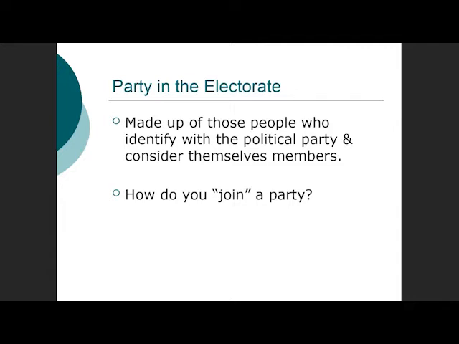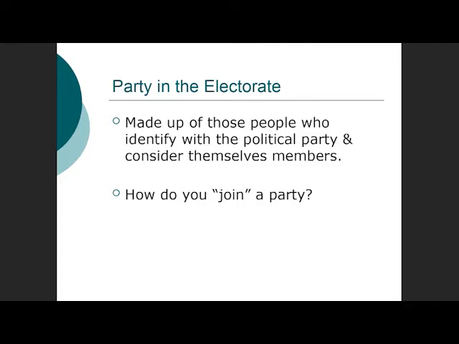So in Texas, all it takes to become a member of the Republican Party or a member of the Democratic Party or whatever other party is for you to believe that that's the party that's representing you and that you are identifying with that party.